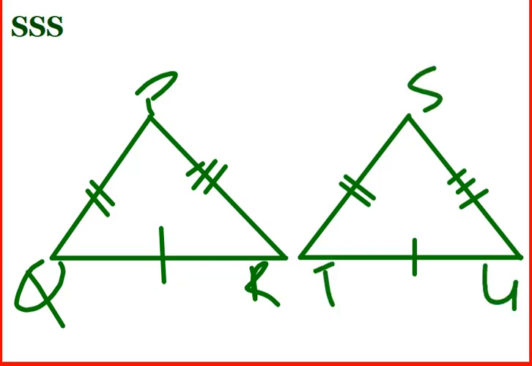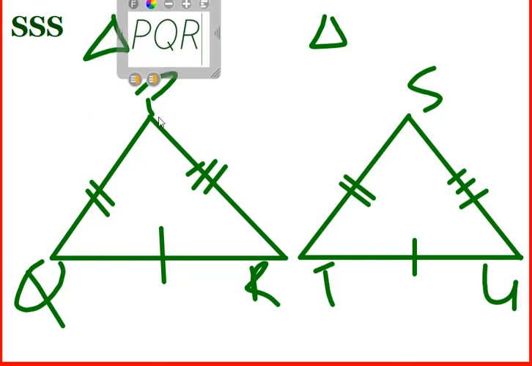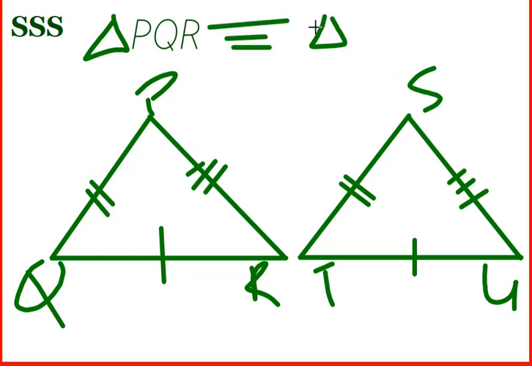And if we were to write that those triangles are congruent, we'd say triangle PQR, and if you can see, the P is right there, so PQR, and if we say PQR, we have to say STU. So is congruent, the congruent sign, to triangle STU.